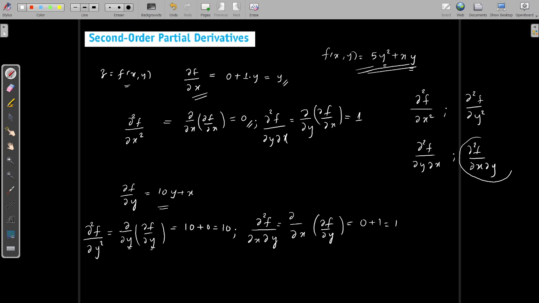So this stands for the derivative of f with respect to y first by taking x as a constant, then taking the derivative of the resultant function with respect to x by taking y as a constant. In order to evaluate this expression, you need to first differentiate f with respect to y first.